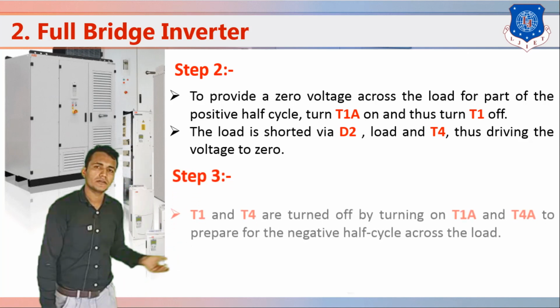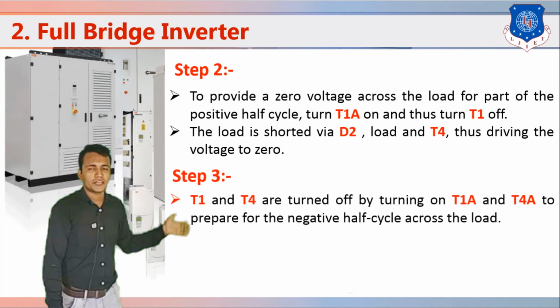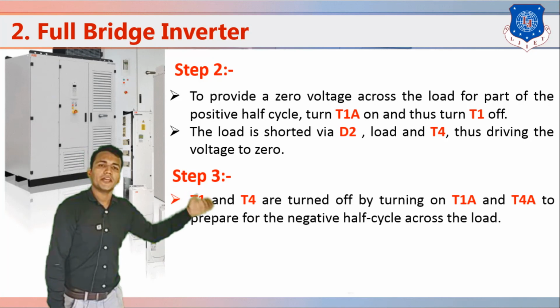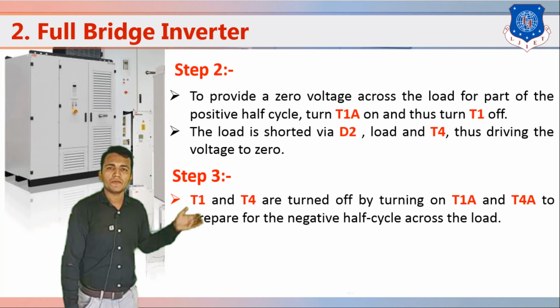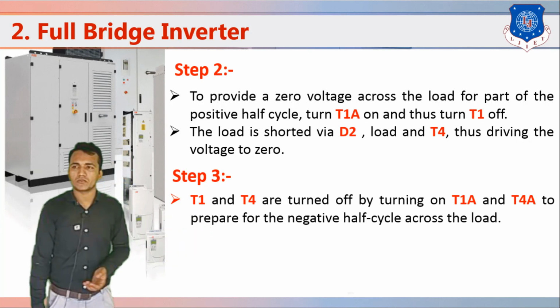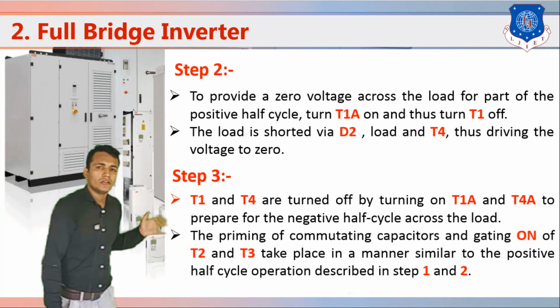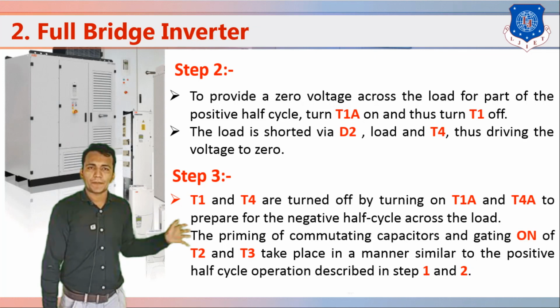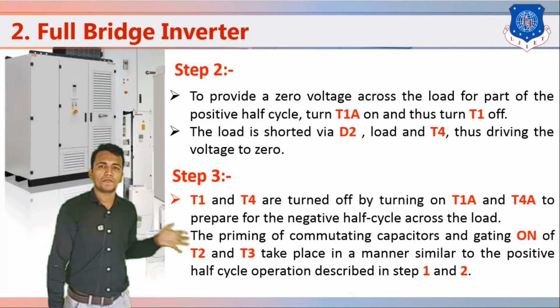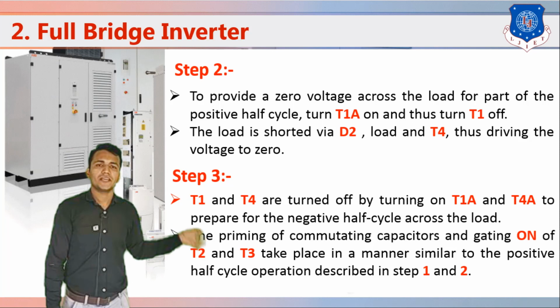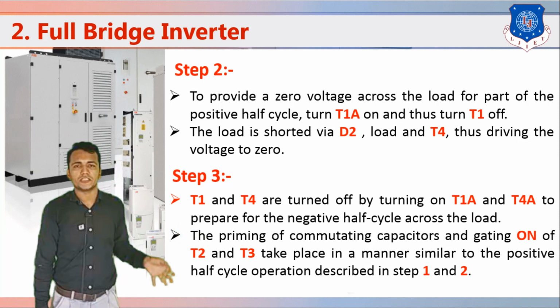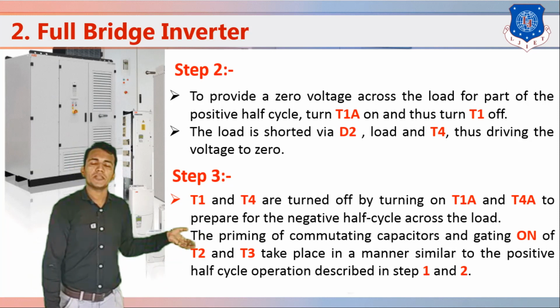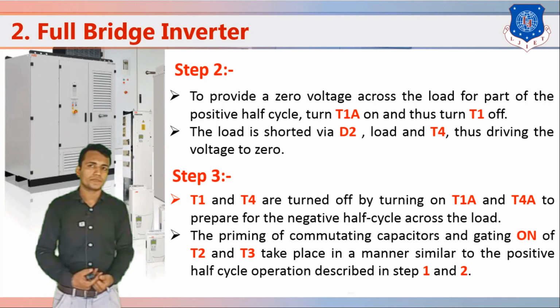Step 3: T1 and T4 are turned off by turning on T1A and T4A to prepare for the negative half cycle across the load, and the priming of the commutating capacitor and the gating on of T2 and T3 take place in a manner similar to the positive half cycle described in step 1 and step 2.